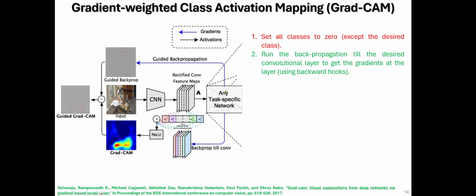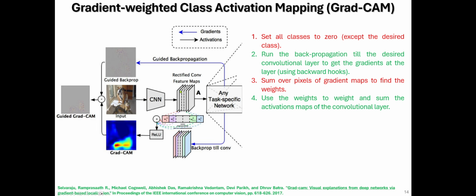And then you do a back propagation till the convolutional layer and get the gradient maps corresponding to that convolutional layer. Now sum over all pixels for each of these gradient maps to generate the weights, and use those weights to weight sum the feature maps or the convolutional activation maps, and then of course pass it through ReLU to remove the negative values and resize, and then you can overlay on the image.